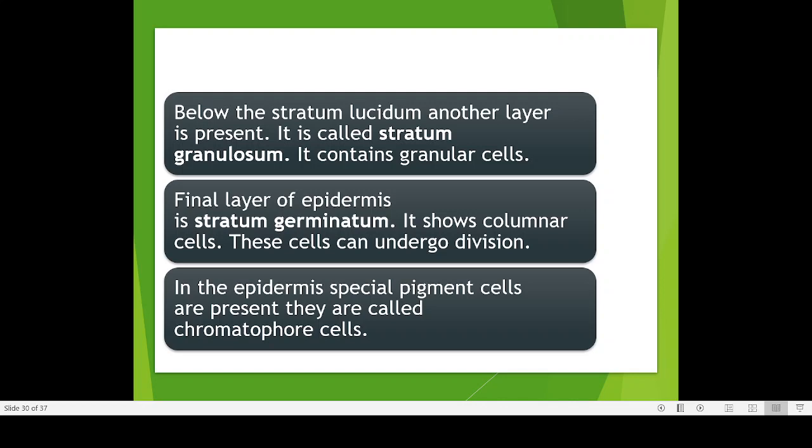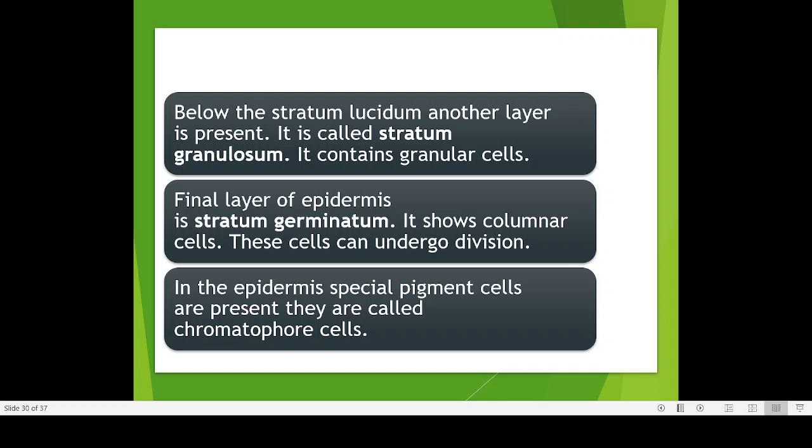Now finally, at the lowermost layer, we are also finding one more layer, that is stratum germinatum. It is formed of columnar cells. Columnar cells means column-like, tall cells.